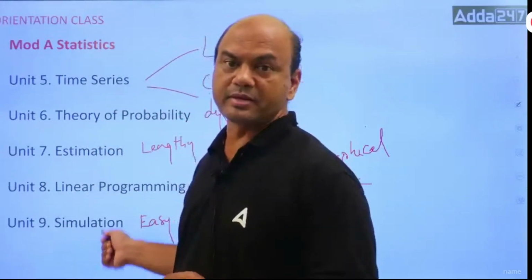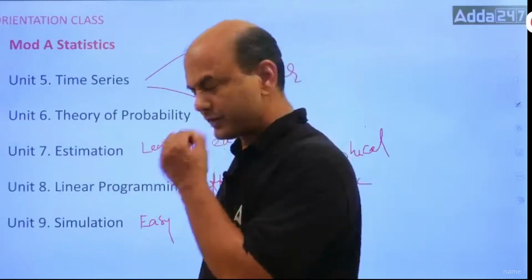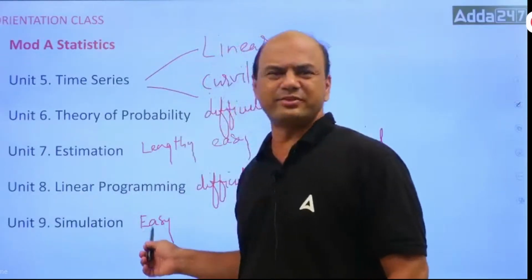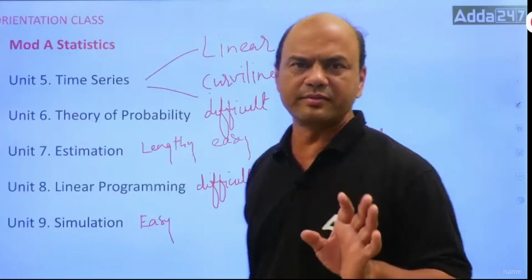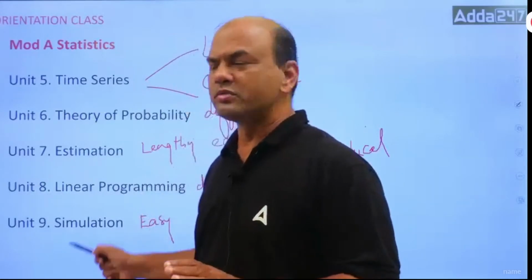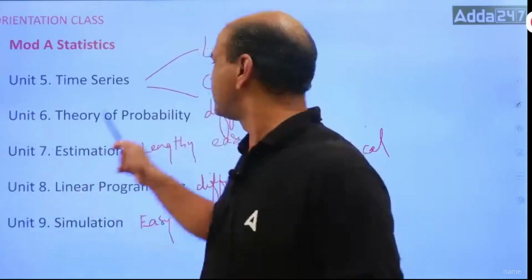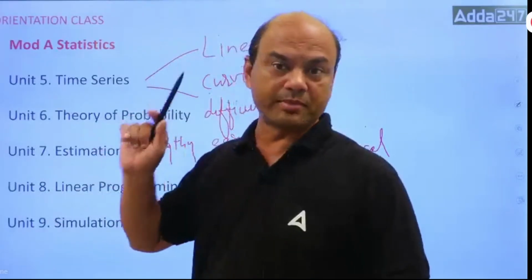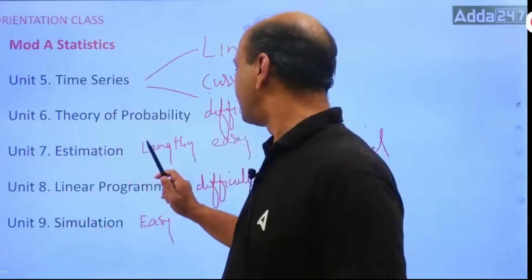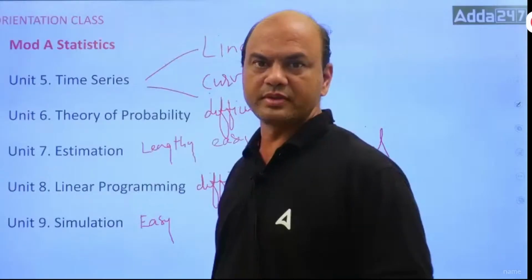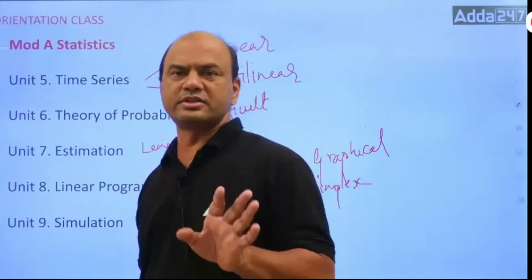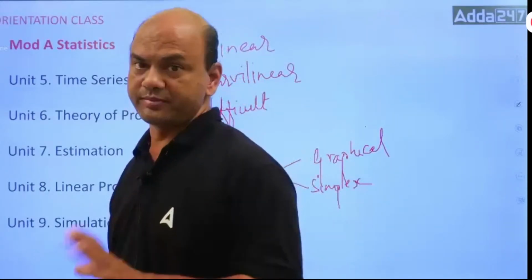Simulation is the last chapter in module A. It's very easy. Only one case study and some theory. So you have to focus on probability, chapter number 3, and somewhat on linear programming. These 3 will somewhat eat your head.